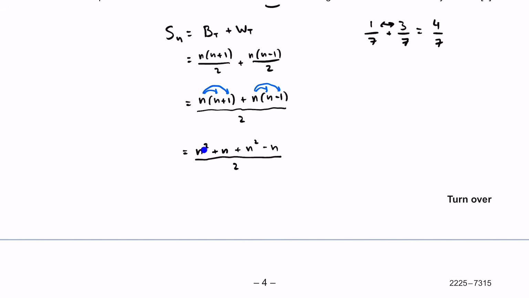How many n squareds do we have? Here's 1, here's 2. We have 2 n squareds. And how many n's? We have this n, but also a negative n, and they cancel each other out. But we still have the 2 at the bottom. 2n squared over 2, the 2's cancel out, and we just have n squared, which is what we expected.